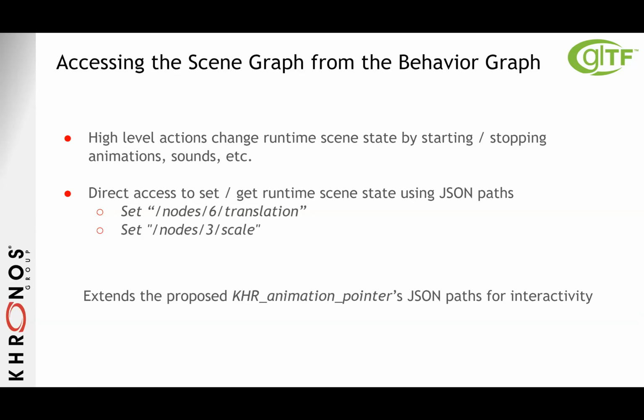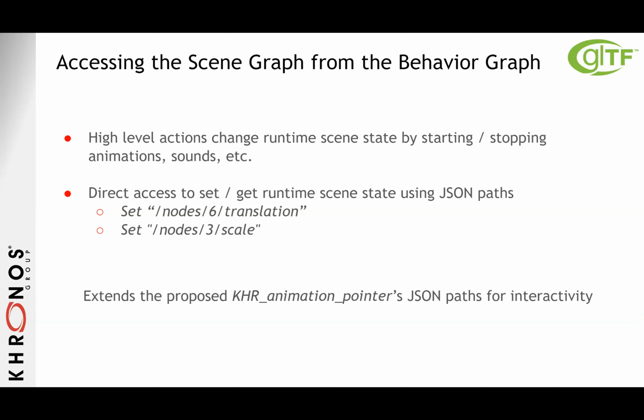How do we do that? First of all, there is a bunch of high-level nodes like play animation, stop, or play audio, that reference resources inside the glTF in order to play animations or audio. I would call them high-level nodes.